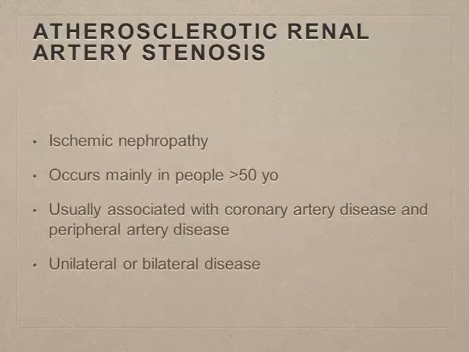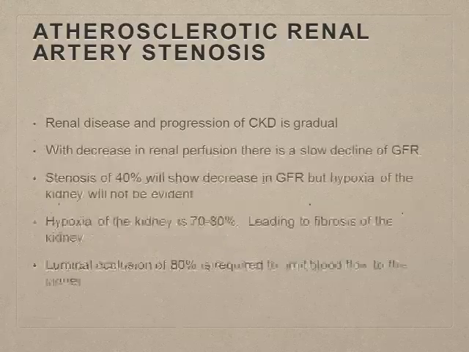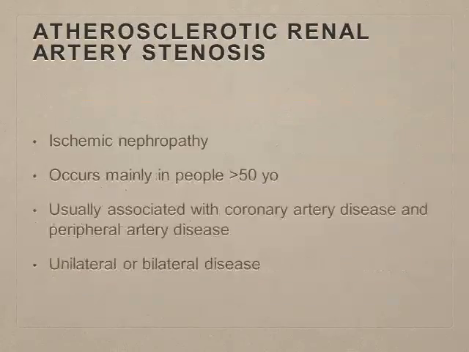Another name for atherosclerotic renal artery disease is ischemic nephropathy. This occurs mainly in people greater than 50 years old, very commonly in those that have associated coronary artery disease and peripheral artery disease. Like I said before, it can be unilateral or bilateral.